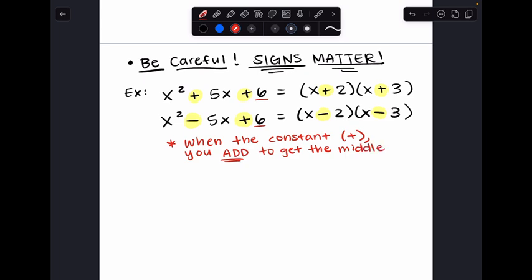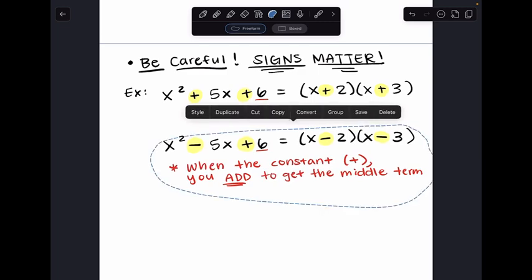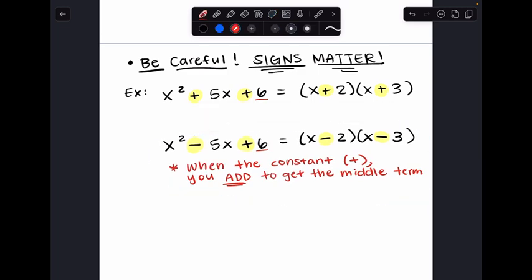I guess another way to view it, when this right here is both a plus and a plus, you are going to have the same signs for them. So let me actually move this down a little bit. Again, we have the same signs here. So you're either going to have a plus and plus or a minus and minus. And that is when this right here is positive.